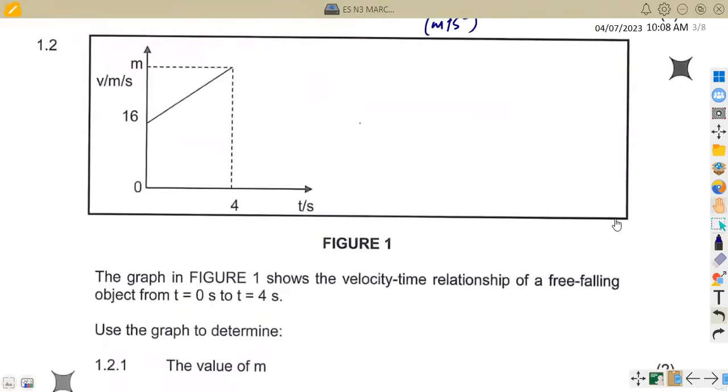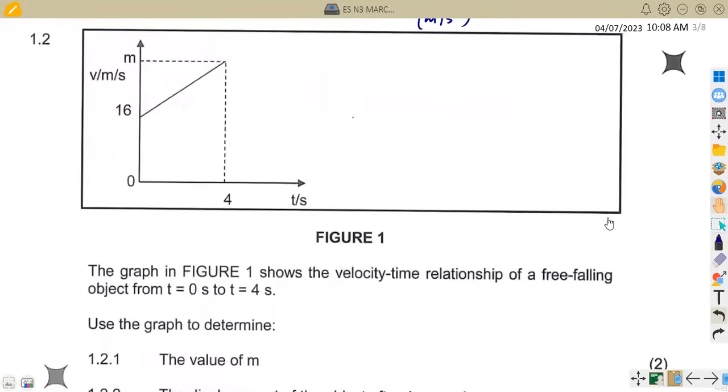All right, on 1.2, we are given that the graph in Fig 1 shows the velocity time graph relationship of a falling free object. So take note, this is a falling free object that you are given, all right?